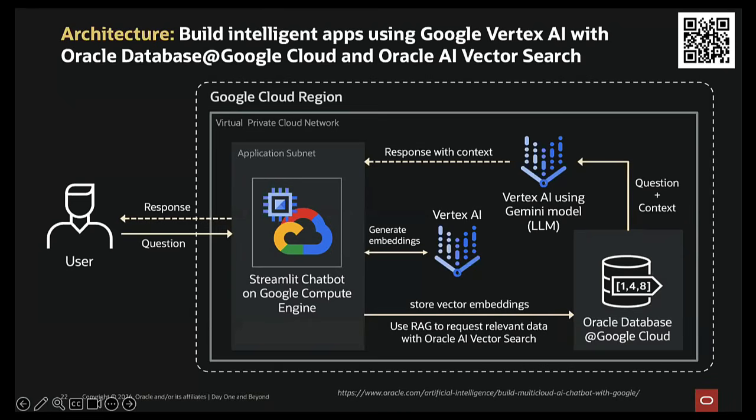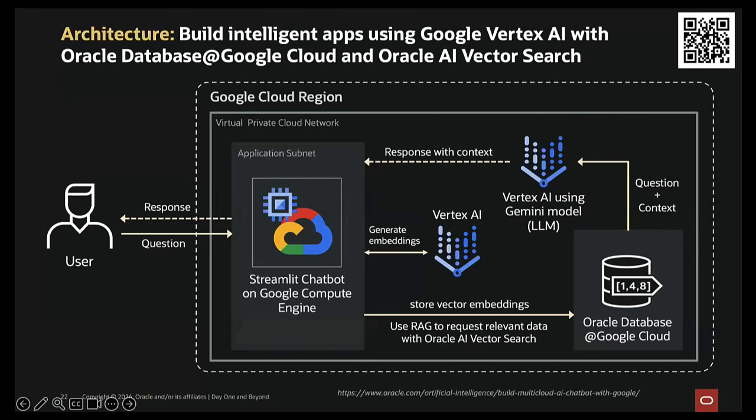So instead of relying solely on your LLM's training data, we're dynamically retrieving the most relevant, up-to-date information from our database based on semantic similarity. The retrieved data is sent back to Vertex AI along with the original question.